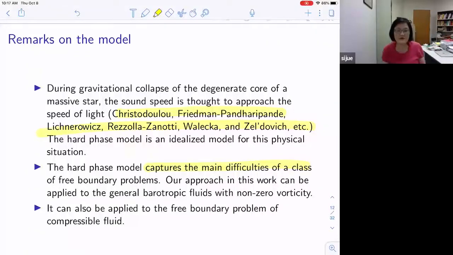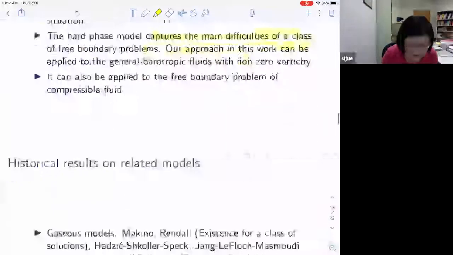Vorticity will not pose difficulty here, and you can see that this approach also works for the general model. After working this out, we realized that this general approach should work for a wide variety of free boundary problems. For example, it can also be used to study the compressible fluid, but that will be a separate topic.